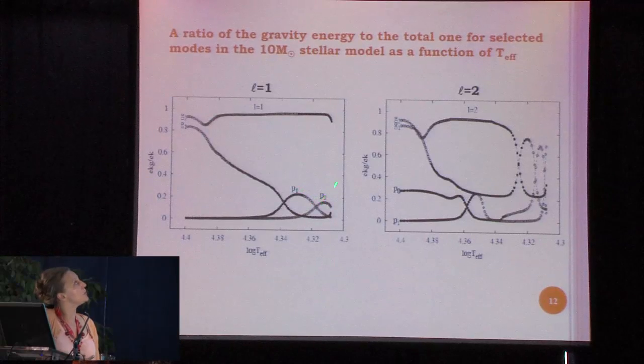This is P1, P2, G1, and G2. And so what you can see here, that at the beginning of the evolution on the main sequence, the G1 mode is almost a pure gravity mode, and then with evolution, the character of this mode changes. And this is for l equal 1 modes. This is, of course, connected with the avoided crossing phenomenon.